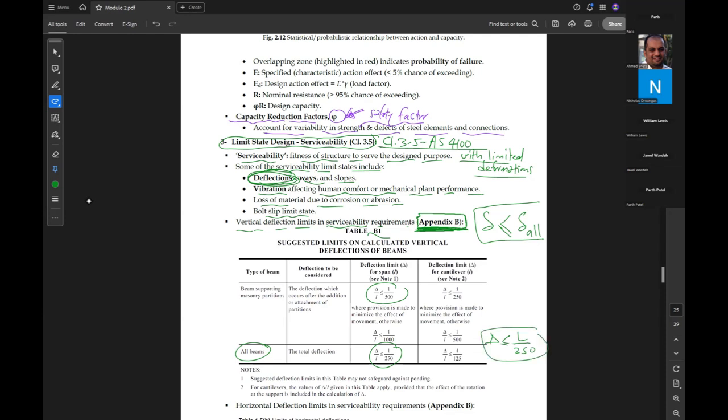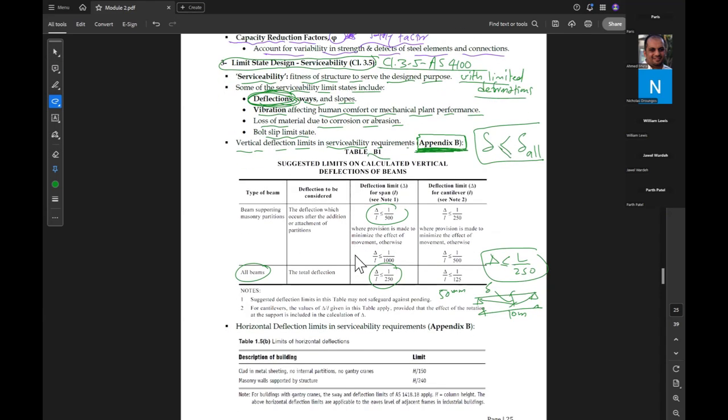For example, if you have a simple beam and the length of this beam is 10 meters. You got the deflection from your calculation as 50 millimeter. So delta is 50 millimeter. What is the allowable limit? The allowable limit is 10,000 over 250. So this gives you only 40 millimeter.